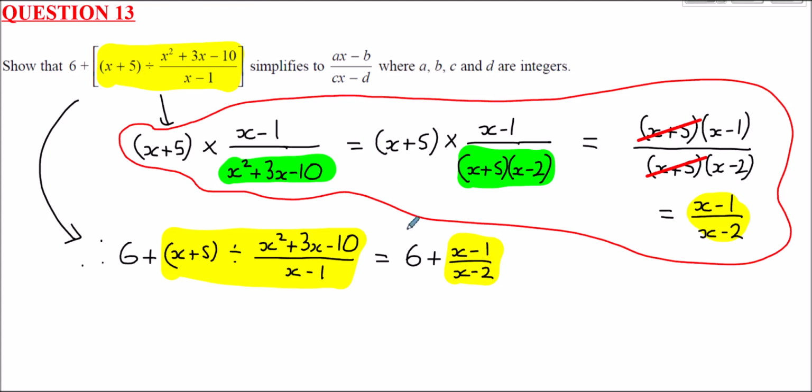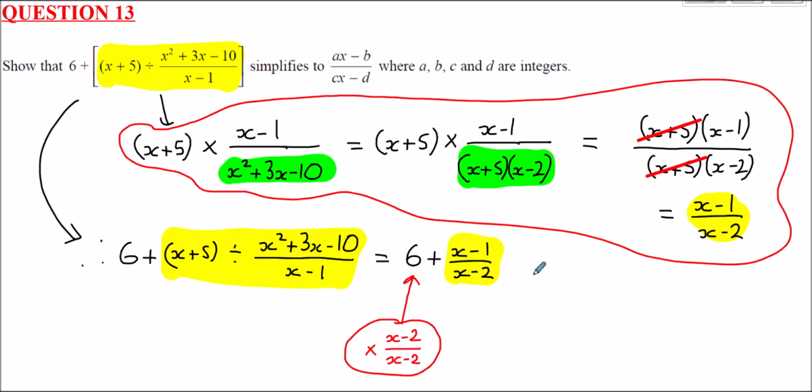Now, we need to combine this 6 into part of the fraction. Remember, we want to show it's exactly the same as just a fraction, something on top over something on the bottom. So what we could do to this 6 is multiply it by x minus 2 over x minus 2.